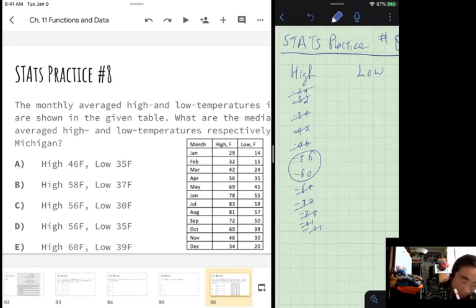So for my high, I got the average of 56 and 60. I think that's 58.5. No, 58 exactly. Yeah, cool.